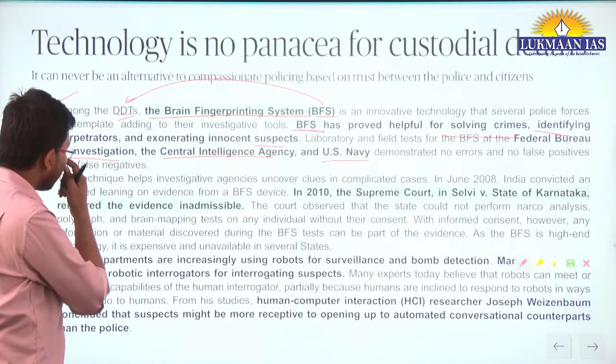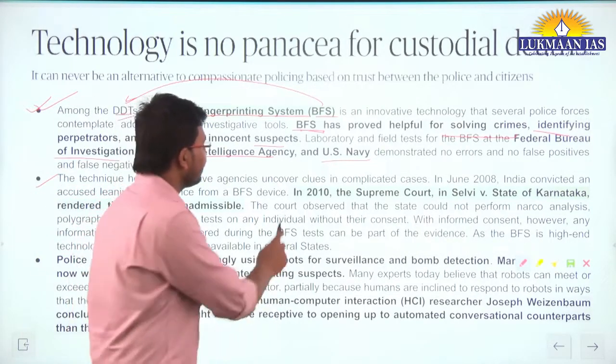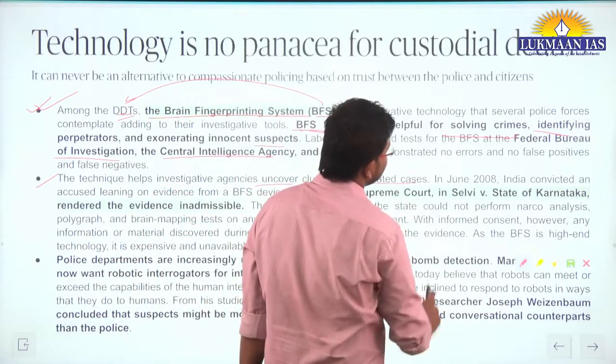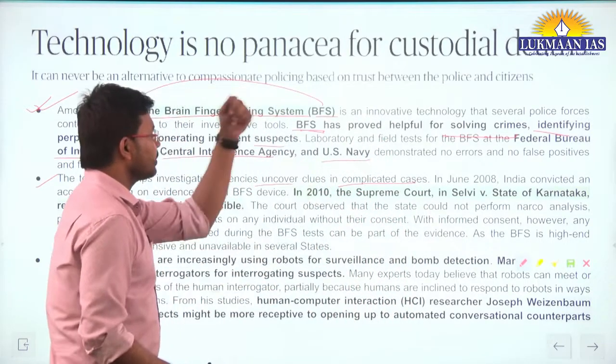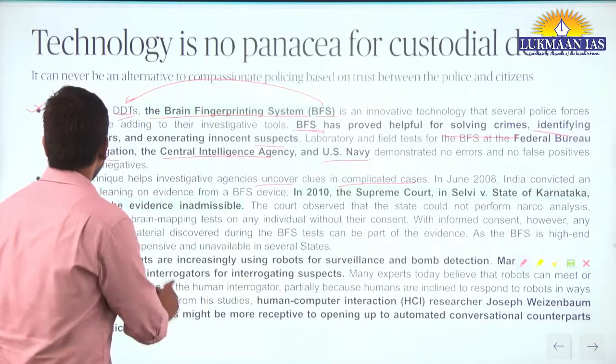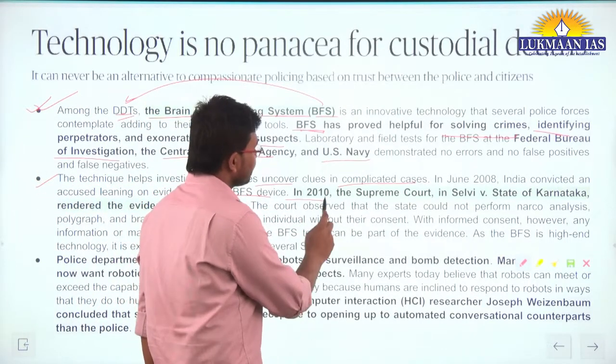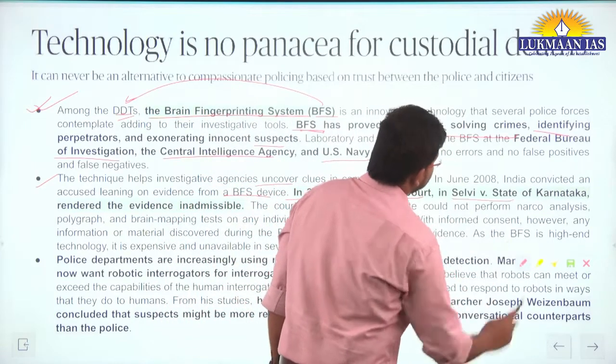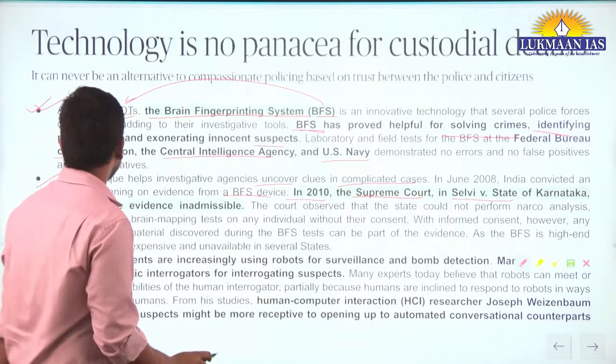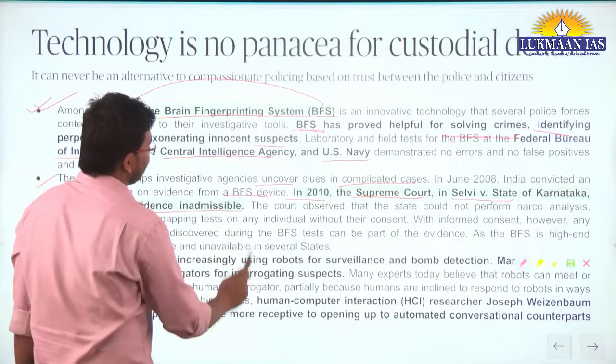This technique helps investigating agencies uncover clues in complicated cases. In June 2008, India convicted an accused relying on evidence from a BFS device. In 2010, the Supreme Court in Selvi versus State of Karnataka rendered the evidence inadmissible.